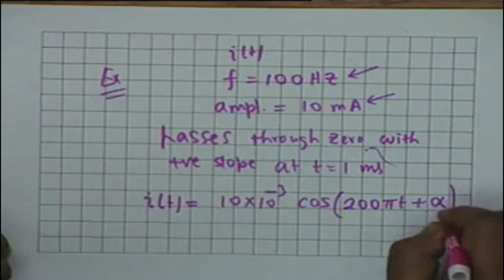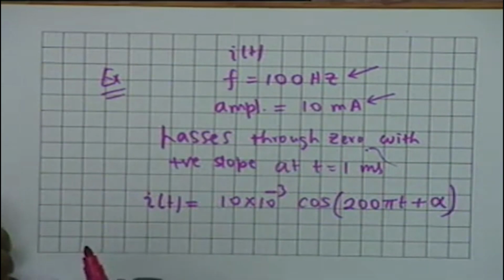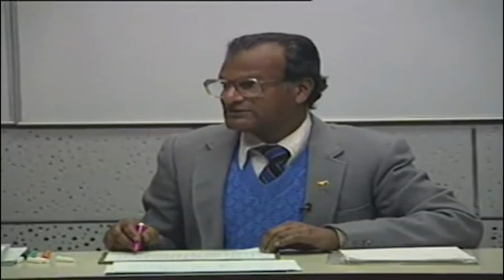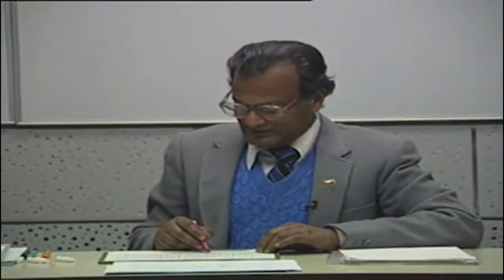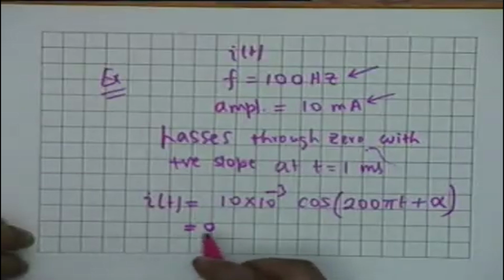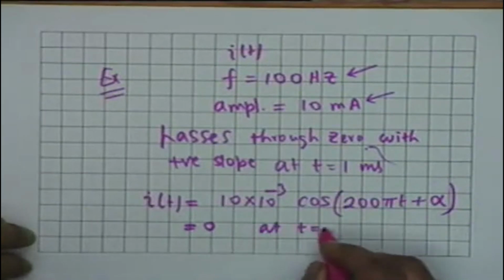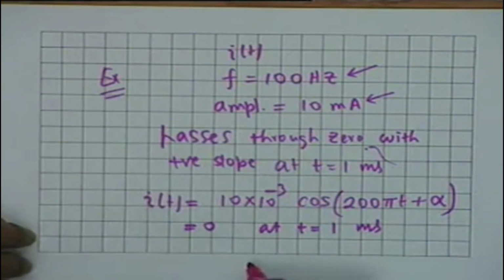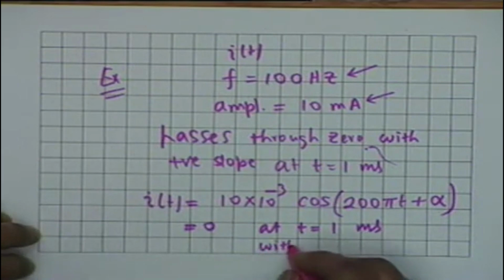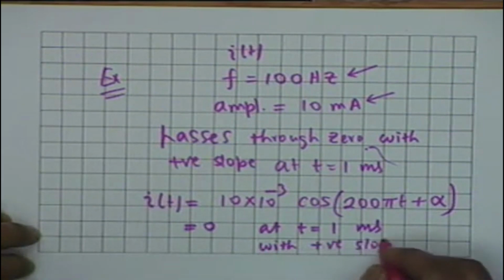All that remains to be found out is alpha. Alright? And it has been told to us that the value is 0, I of t is 0 at t equal to 1 millisecond with positive slope.